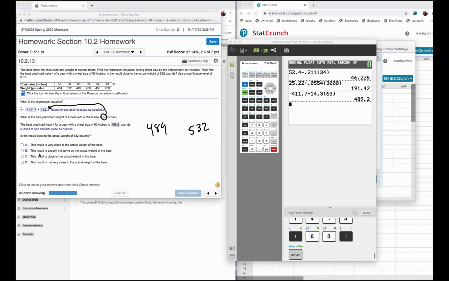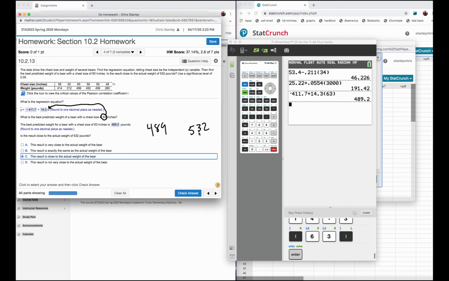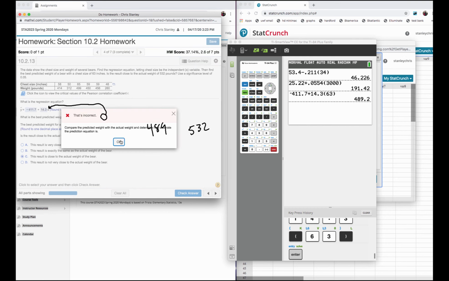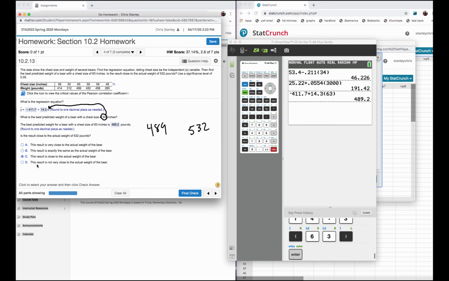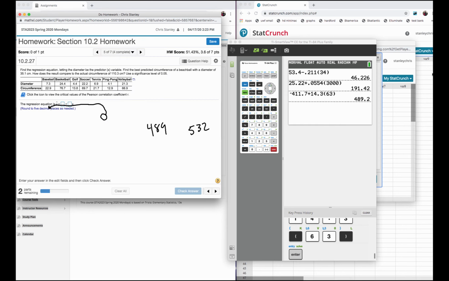I wouldn't say it's very close. I'm going to say close. I don't know. Nope. Let's go with not very. There we go. I don't know, not that 40 pounds off. It doesn't seem to be that much on a big bear. Oh well. Okay, diameter and circumference.